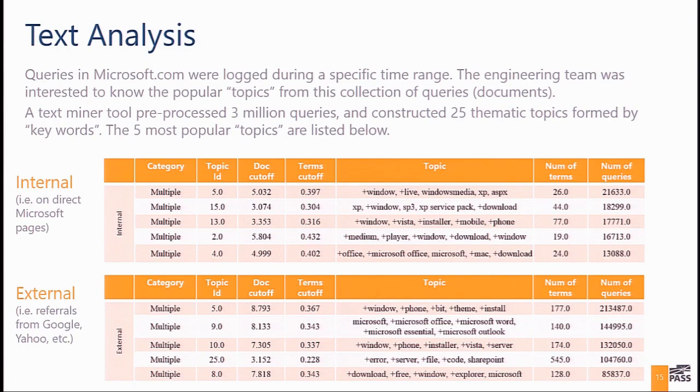And to do this, we used a text mining algorithm to try and organically create these topics. We came up with 25 different topics, and the two tables I have here show the top 5 for all searches done directly on ms.com pages versus the top 5 topics for searches done outside of Microsoft.com.